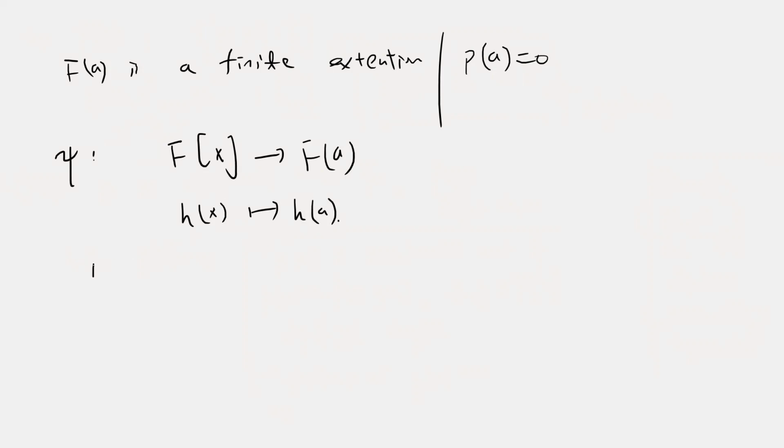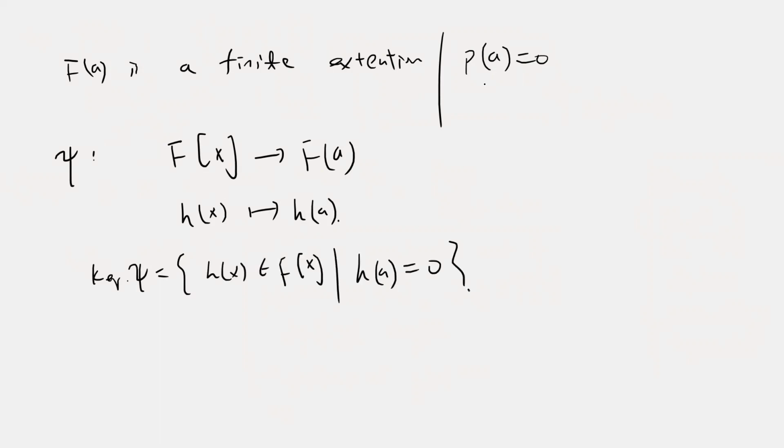What's the kernel? The kernel of psi consists of the polynomials in F[x] such that putting in a gives 0. But I know that P of a is 0 and P is irreducible, so h must have P as a factor. It must be a multiple of P.